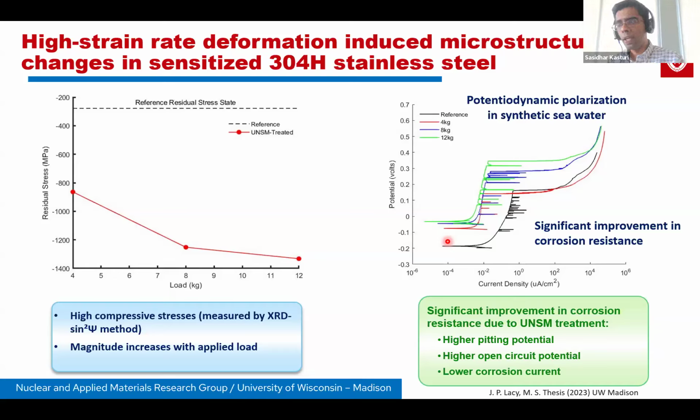technology. So the question is, it's great to see these results from an engineering point of view. It does tell you that the sensitization problem is being remediated to a great extent. But the question still remains, how does this surface deformation treatment interact with the microstructure to alleviate the intergranular corrosion?